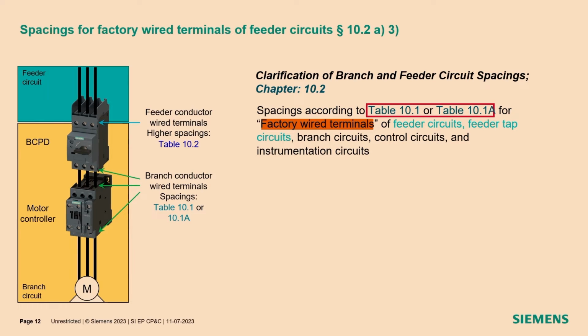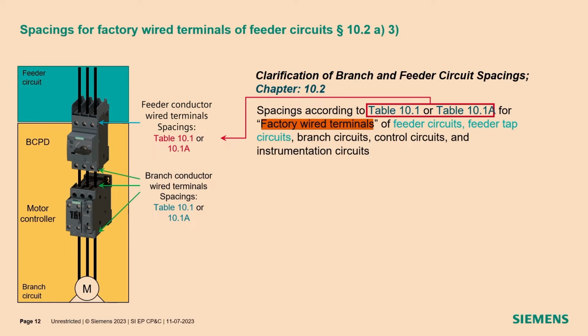And these are the smaller spacings. That means nowadays these higher spacings are not necessary anymore if the conductors on top of the branch circuit protective devices are factory wired in the branch. So we don't need this anymore.